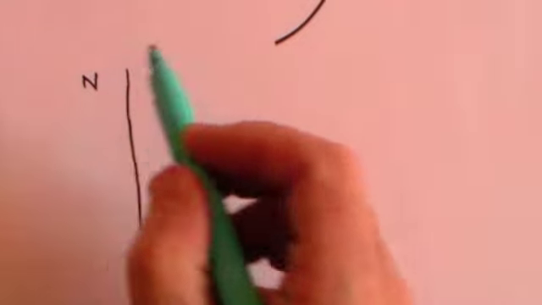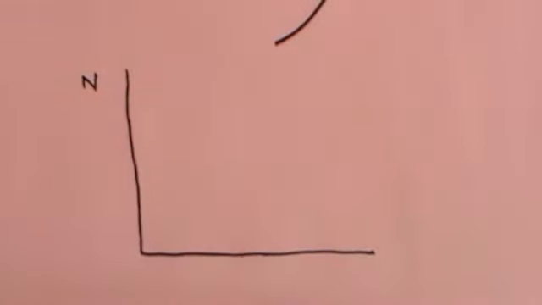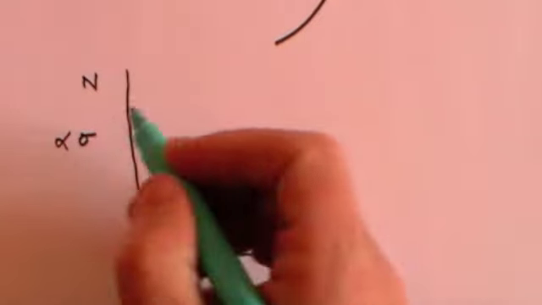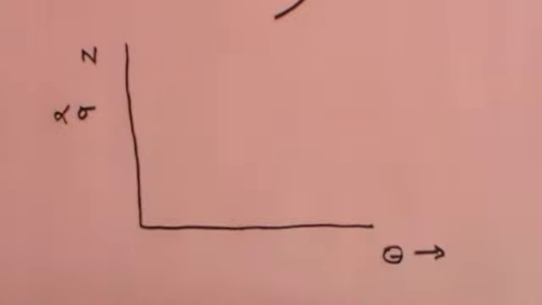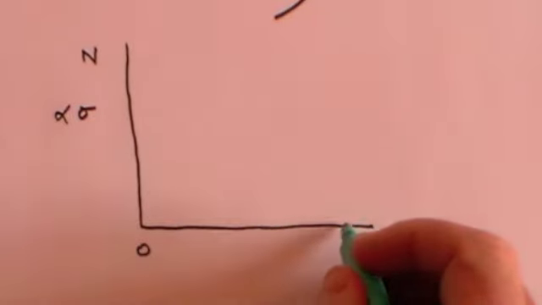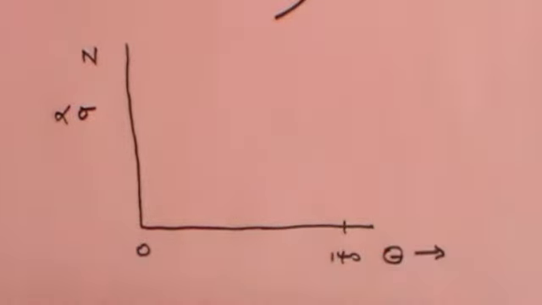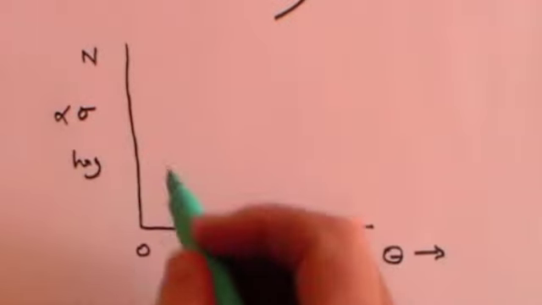This is the number of alpha particles at a particular angle, and that of course is going to be, as it were, proportional to the cross section. And this is the angle theta increasing in this direction. So this is 0 degrees and this is about 140 degrees. And this is what's called a log scale.